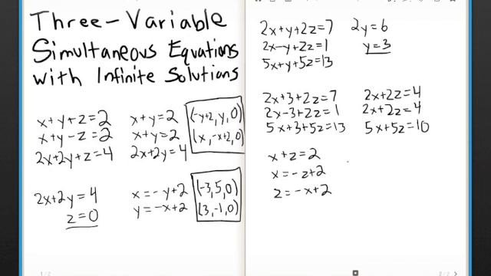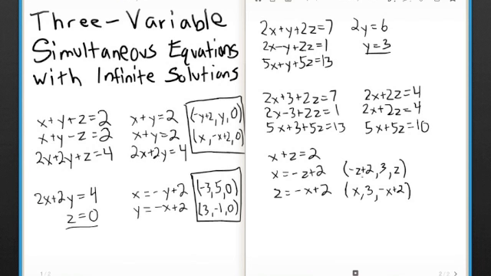So the solution pairs that we could write are, instead of writing x, we'll write negative z plus 2, y is 3, and this is based off of a given z. For this one, if we know z equals negative x plus 2, then that is for a given x, y is 3, and given x, z is negative x plus 2.